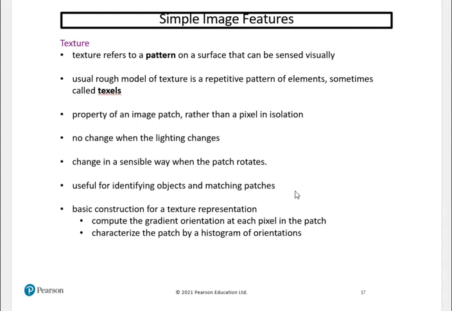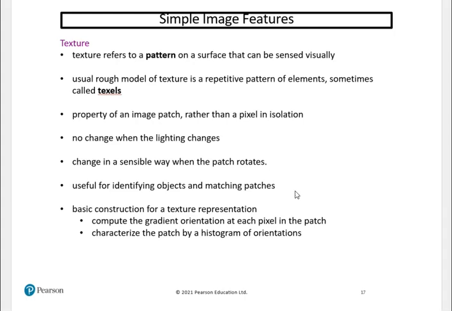It should not change when the lighting changes, which is true, right? The texture should not change. It should change in a sensible way when the patch rotates, and it's useful for identifying objects and matching patches. So, the basic construction of a texture representation: how do we identify textures?